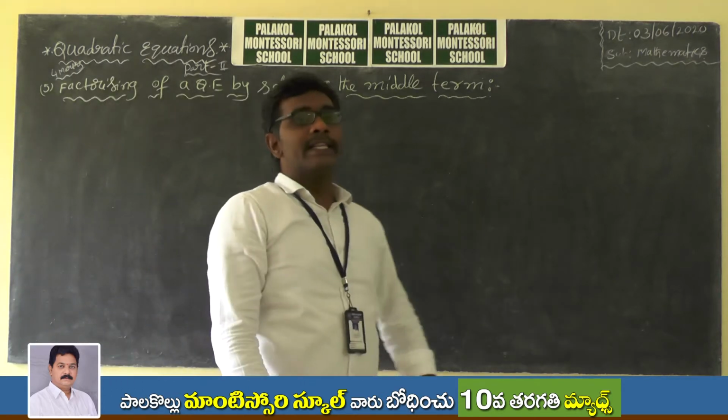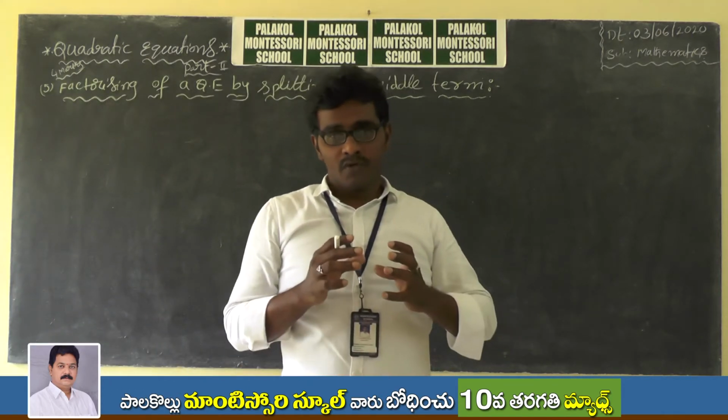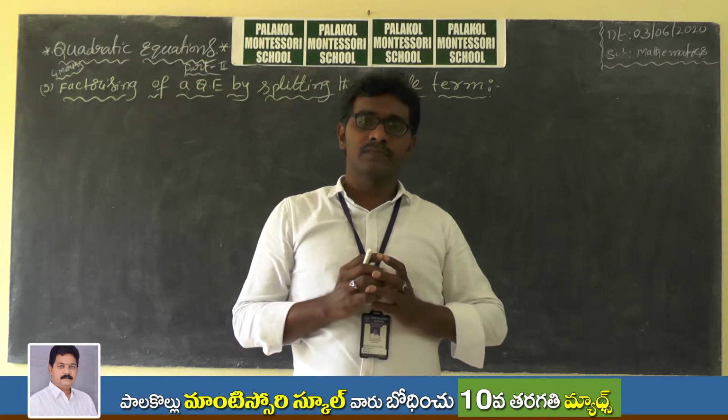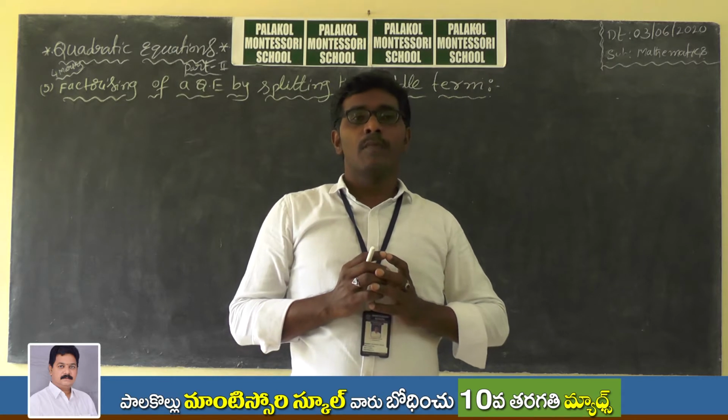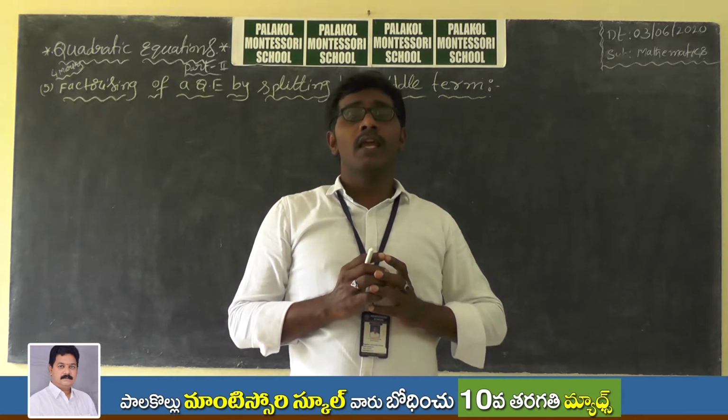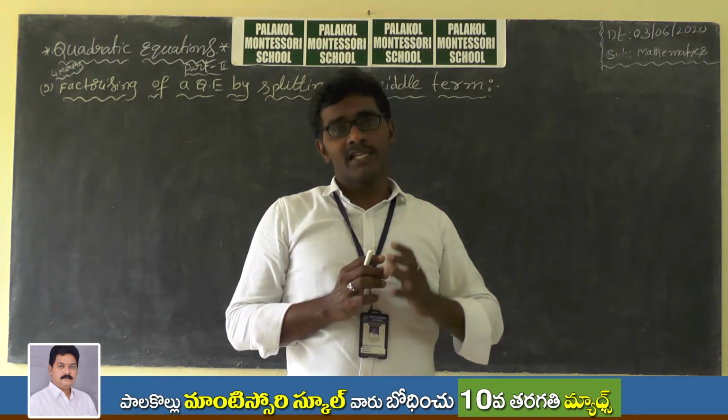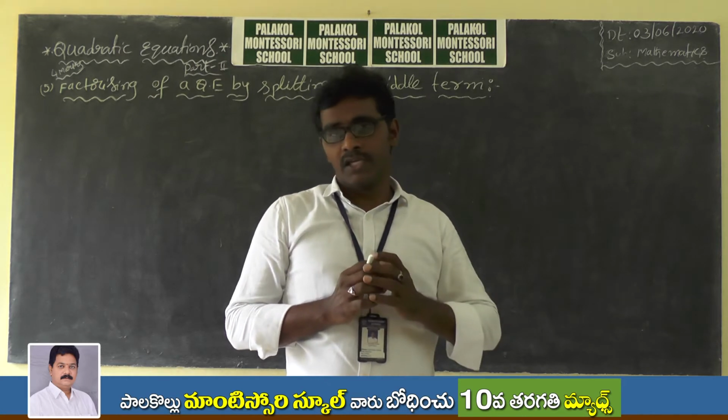So take the standard form of the quadratic equation, that means ax square plus bx plus c equal to 0, a not equal to 0. It is the standard form of the quadratic equation.